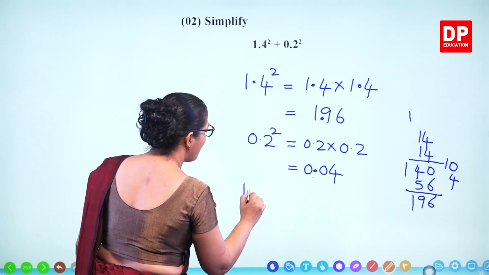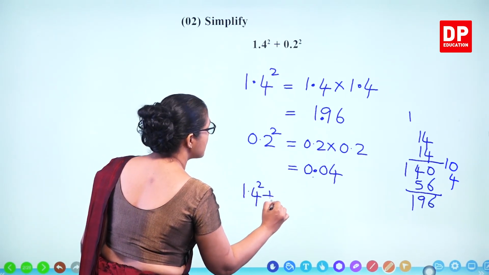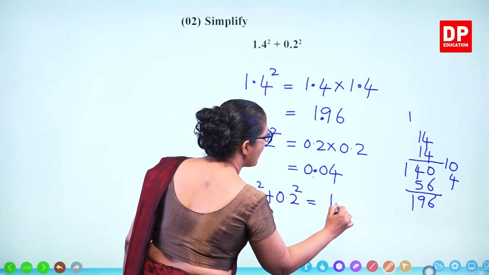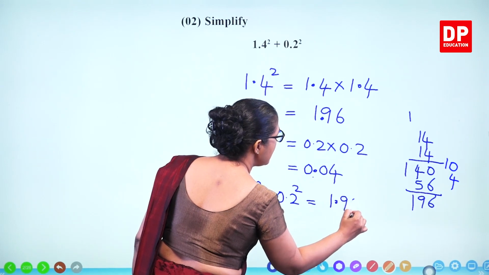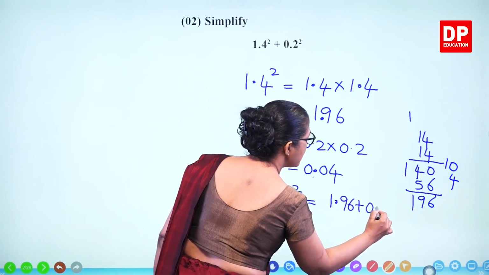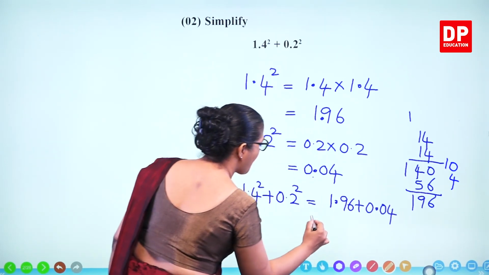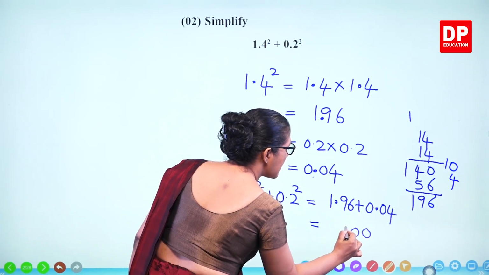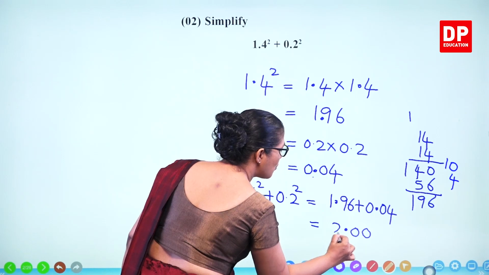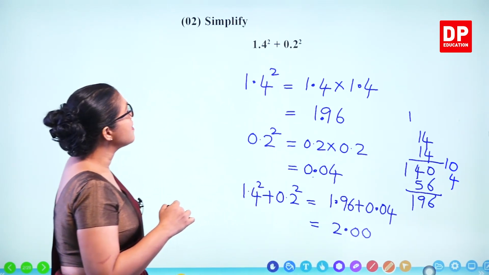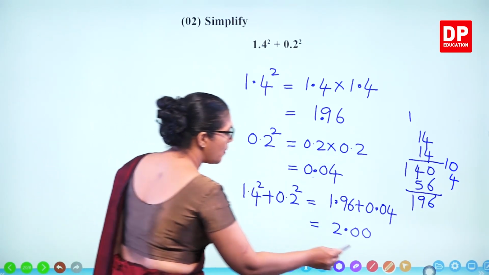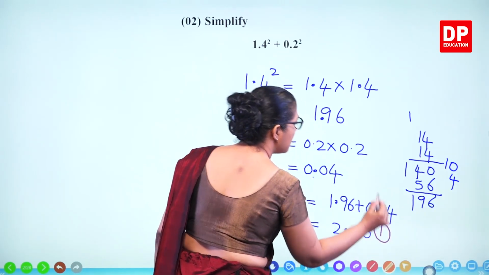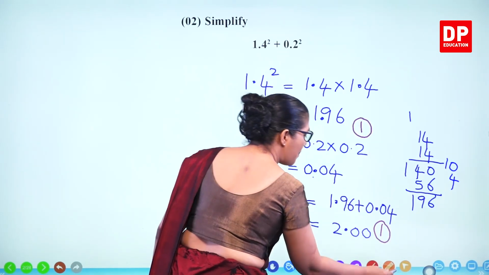So 1.4 squared plus 0.2 squared is equal to 1.96 plus 0.04. So you get 10, 10 and 2. So 2 is the answer. So 2 marks for this: 1 mark for the answer and 1 mark for the method.